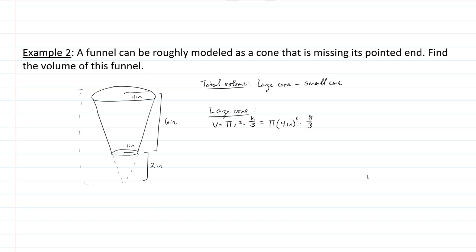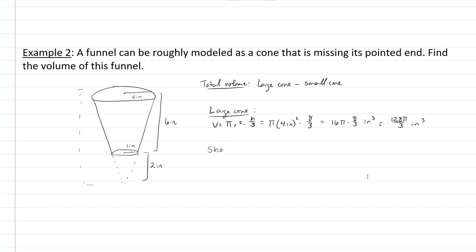So we multiply this all together, and we end up with 16 pi times 8 over 3 inches cubed. And we can simplify this down to 16 times 8, which is 128 pi over 3 inches cubed. And we can leave it in this fraction form. So there's the large cone volume.